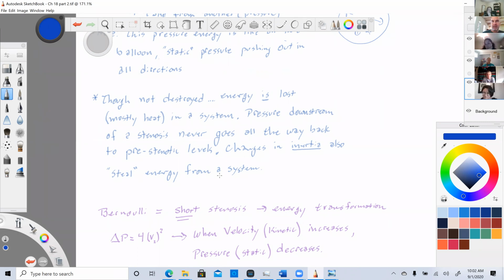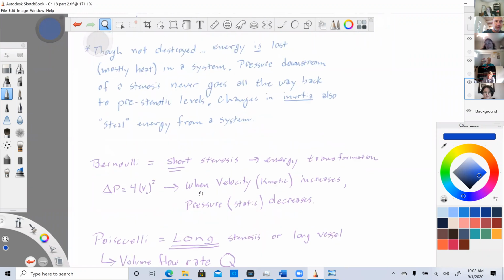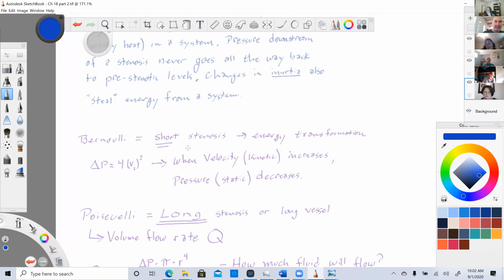So, you know, we've learned through Bernoulli, it's right there actually, that kinetic energy is a function of velocity, four times the velocity. That's talking about kinetic right here. A change in your kinetic energy has to force a change in the pressure energy, the pressure density.